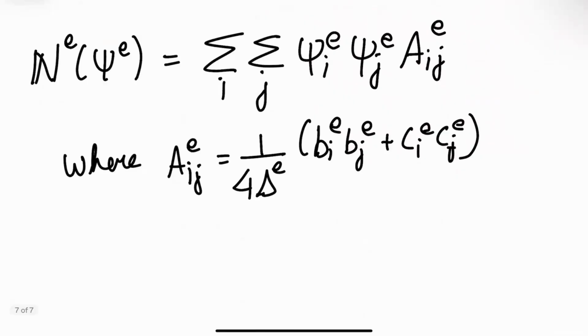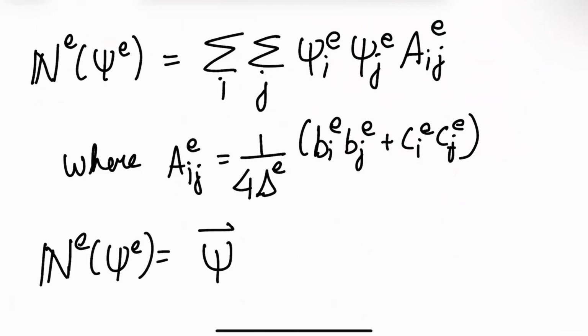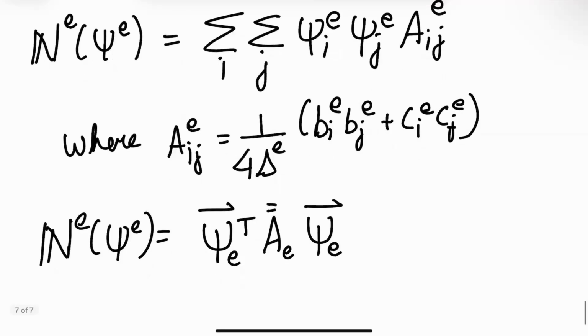Okay. So I can write this whole thing as NE of psi E as a vector now, element vector psi transpose times matrix A times another vector, same vector, right? And that's exactly what's going on here.